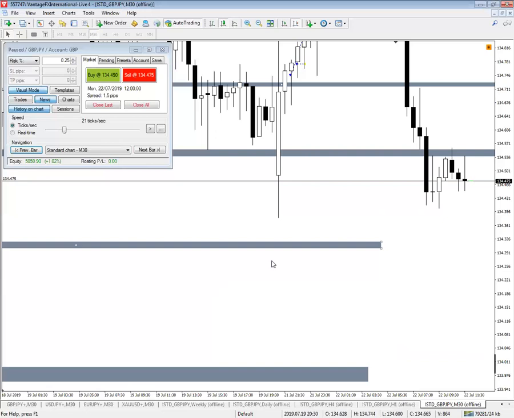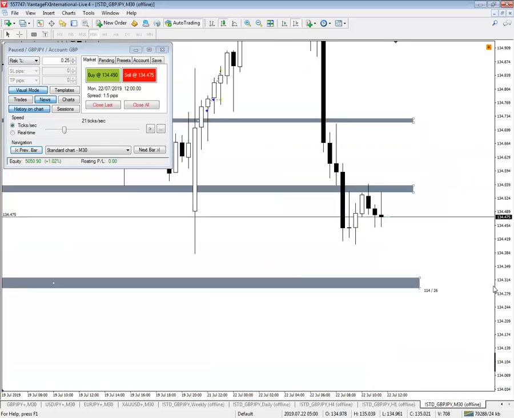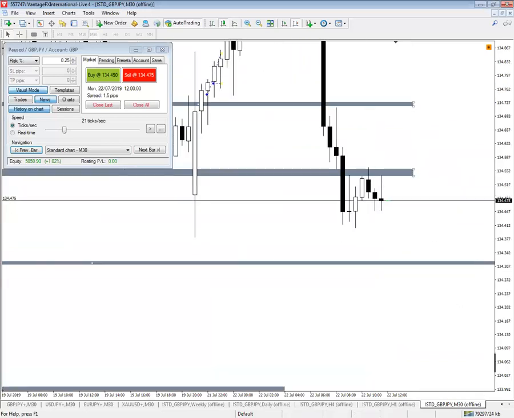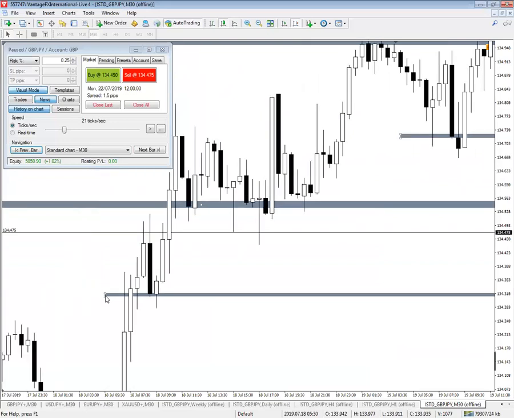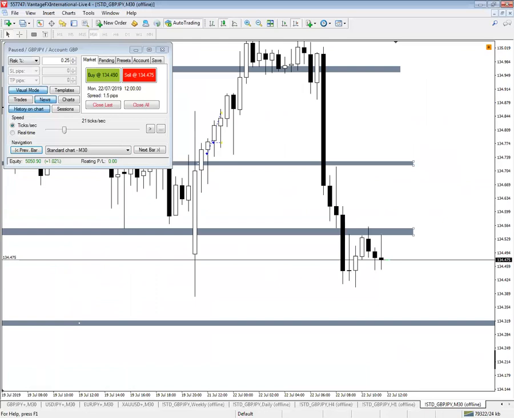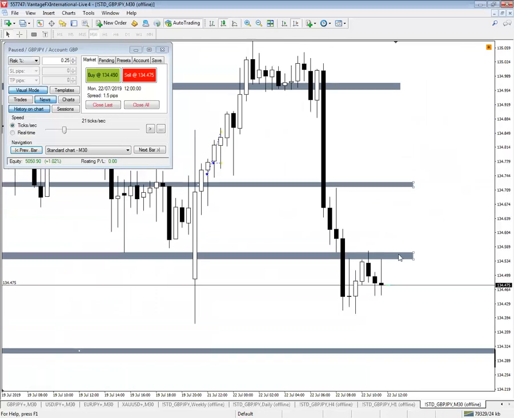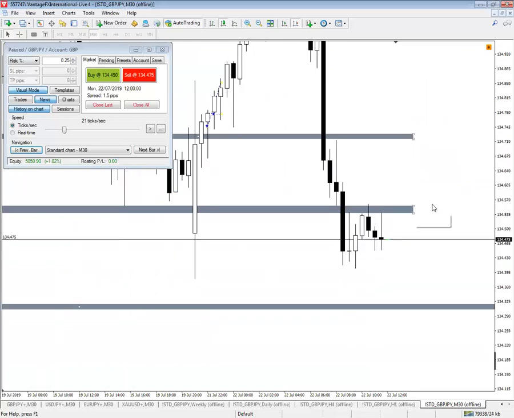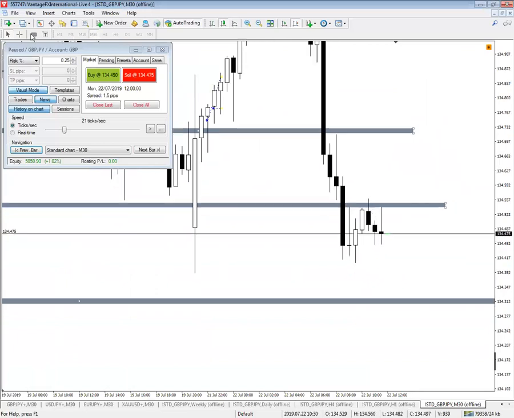Yeah, so on the 30-minute, there's definitely range for a sell opportunity potentially, because essentially what we're saying is price is respecting this level now, right?